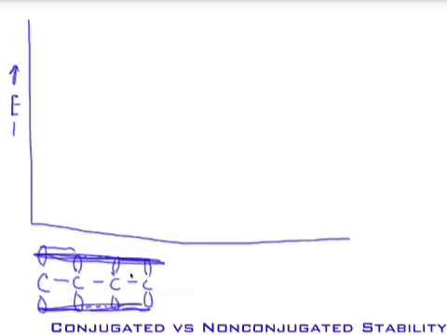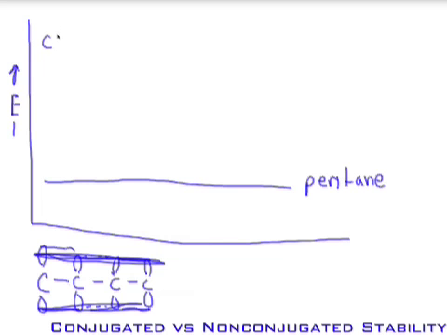Well, that's a theoretical explanation, but how do you check it experimentally? Well, we know there's some energy for pentane. We can take a molecule where the double bonds are not conjugated. We can, for example, take a molecule that has two double bonds, like 1,4-pentadiene.